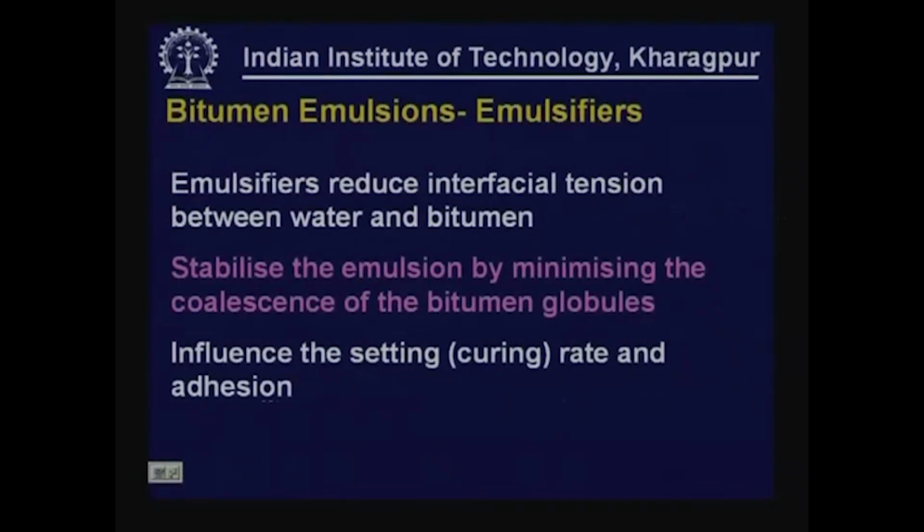The emulsifiers reduce the interfacial tension between water and bitumen, and they stabilize the emulsion by minimizing the coalescence of bitumen globules. This is what we have discussed in the previous slide, and the emulsifiers that we select influence the setting, also known as curing rate, and adhesion.